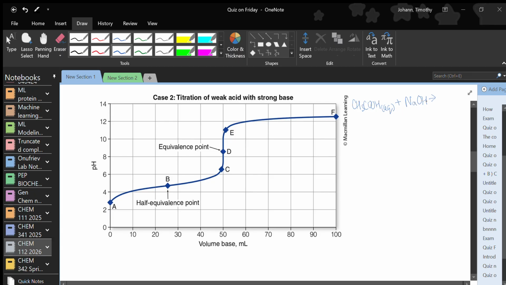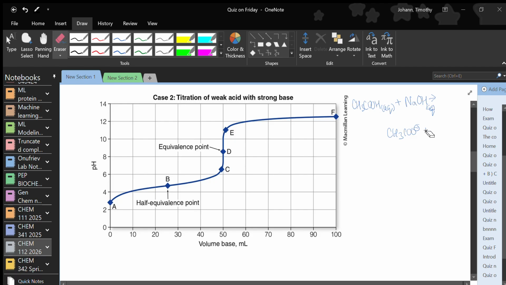Because I'm running out of room here, I'm going to write down at the bottom the other half, the product side of the reaction, which is CH3COO minus. I do get water in this case. This is going to actually be sodium COO minus.